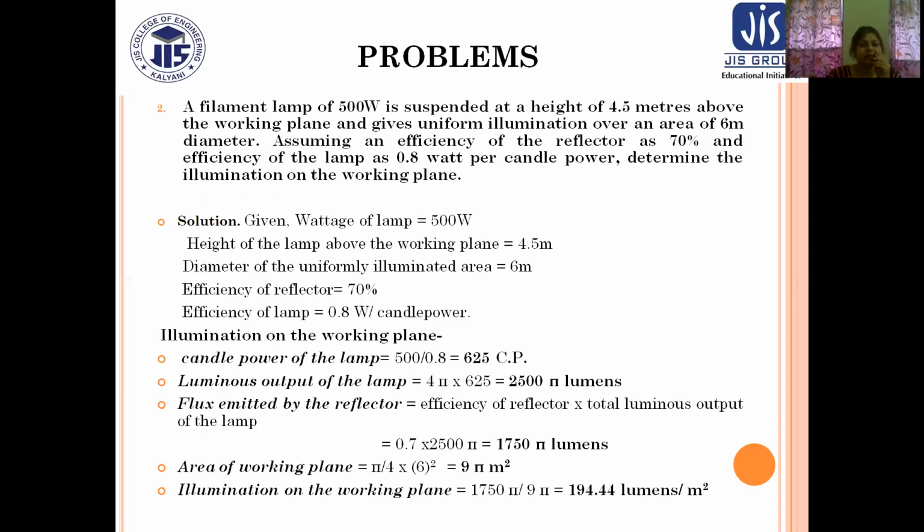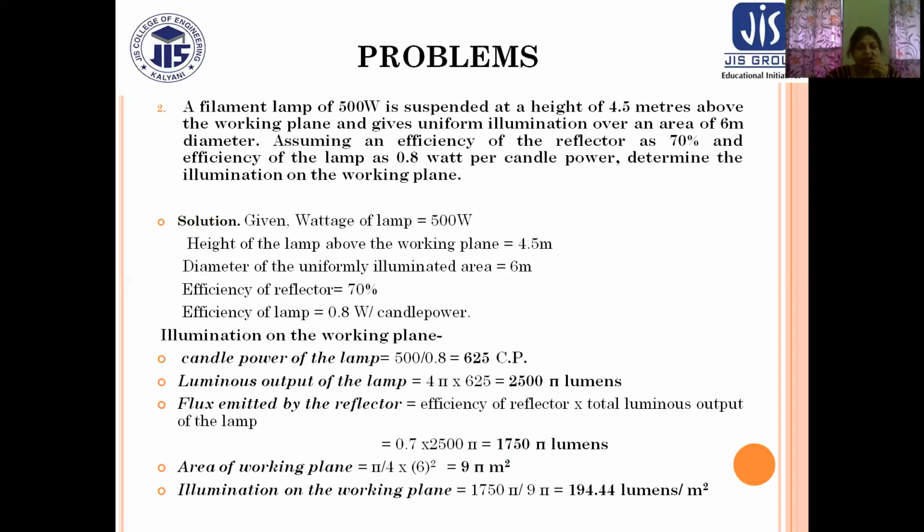Then luminous output of the lamp: 4 pi into candle power of the lamp, that is equal to 2500 pi lumens, right? Why is 4 pi given here? Because the largest solid angle of a spherical segment is equal to 4 pi.